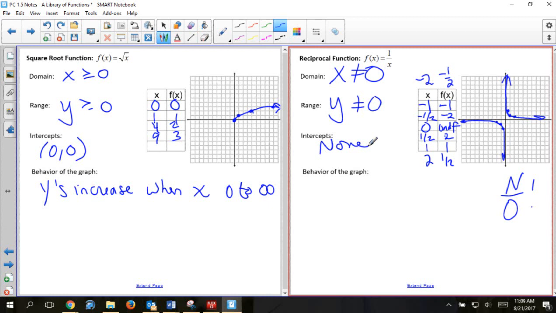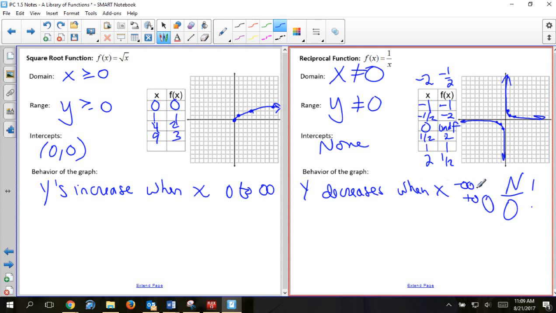And then the behavior of the graph. As we are going from left to right, and we're riding our roller coaster, where are we going? Down. So y is going to decrease when x goes from -infinity to 0.